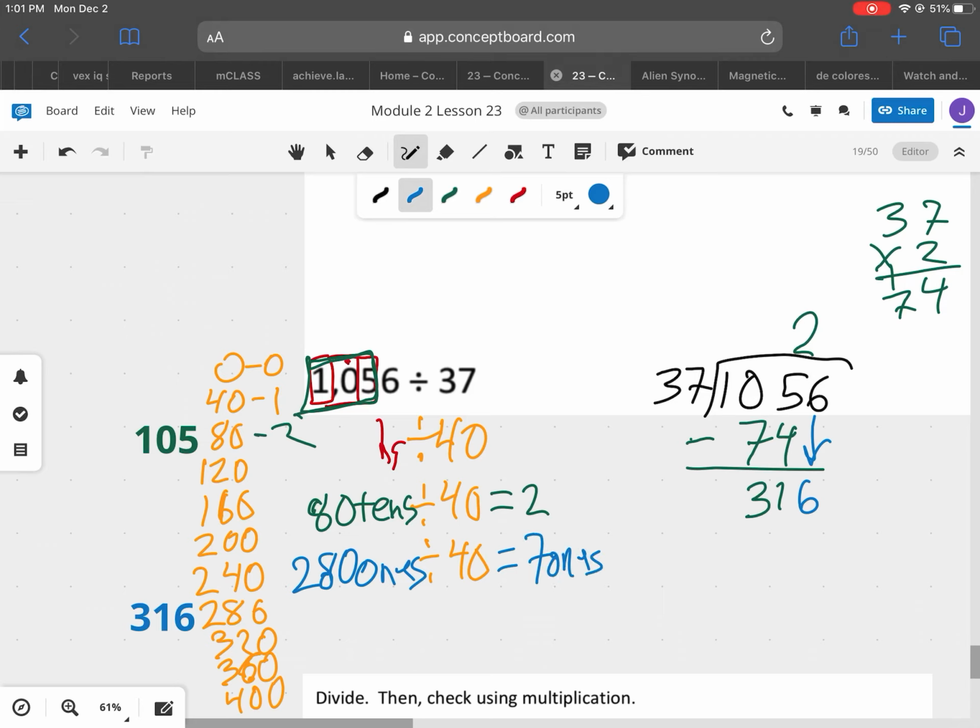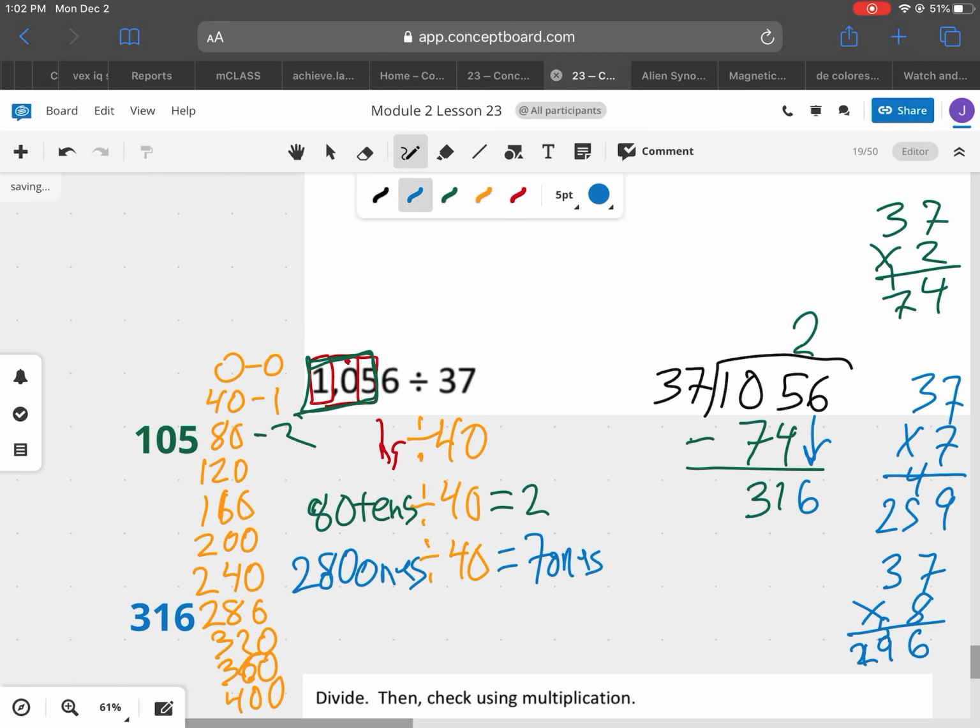All right, so over here I'm going to do 37 times 7. Gives me 49, plus 7 times 3 is 21, plus 4 is 259. Ooh, that's really far off. I'm going to go ahead and try the 37 times 8, just to be safe. 7 times 8 is 56. 8 times 3 is 24, plus 5 is 29.